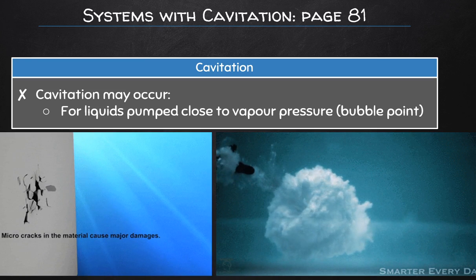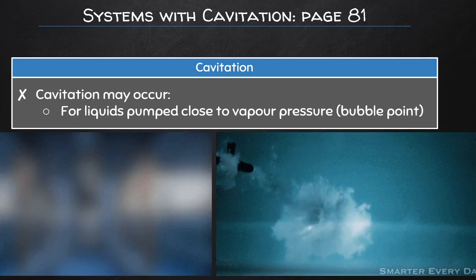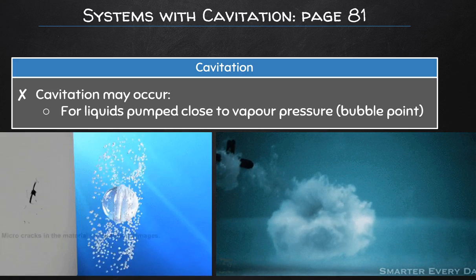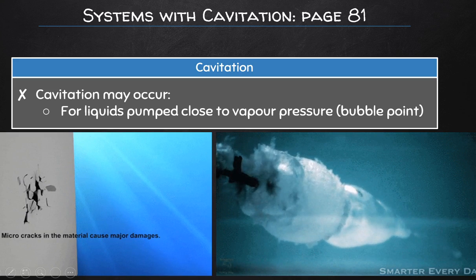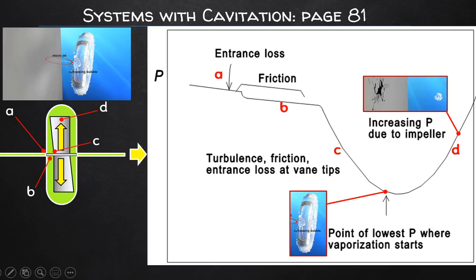So a microjet that forms is not a good thing, and eventually you'll end up with no impellers and you won't be able to push the fluid through the pipeline at all. The cause of this is due to the suction that is created within the pipe before the delivery line of the fluid into the new section of pipe.